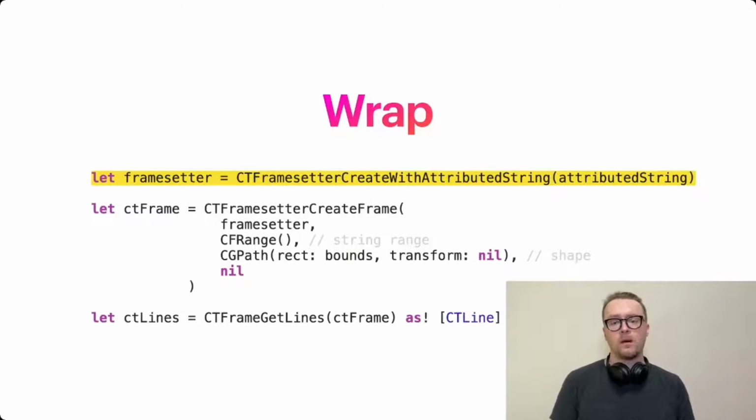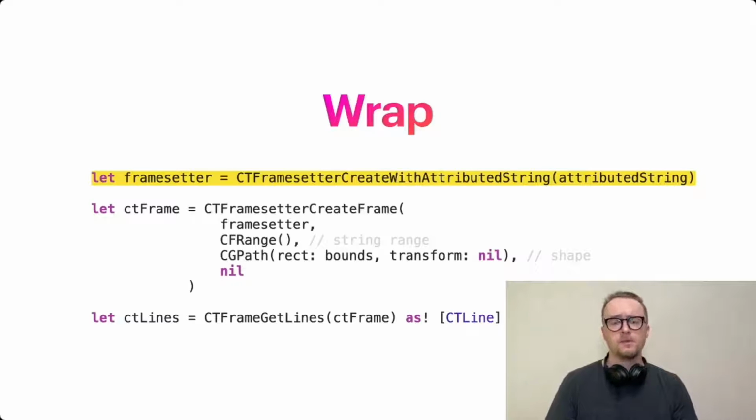But what about wrapping? So if we have a longer text and we want to wrap it so it will fit our size, here, let me introduce you to the CTFramesetter. The framesetter, originally like a word, is about somebody who puts the letters together.